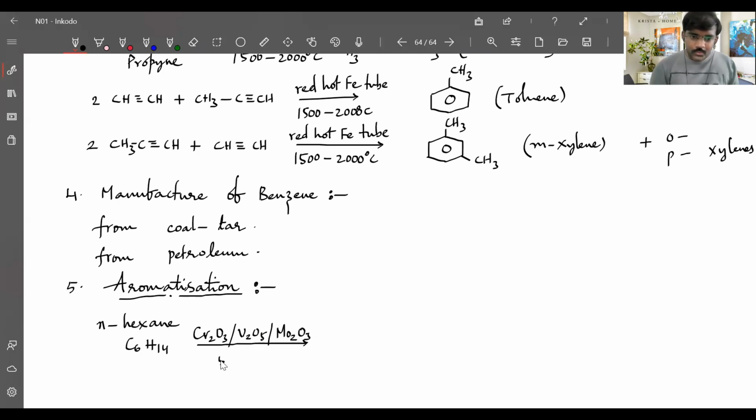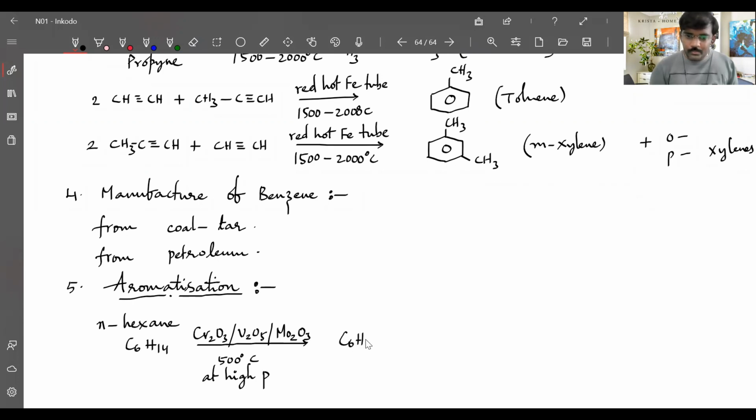Around 500 to 600 degrees Celsius must be maintained, and high pressure is also required. Under these conditions, normal hexane first becomes cyclohexane. Cyclization will happen, and then cyclohexane will convert into benzene.